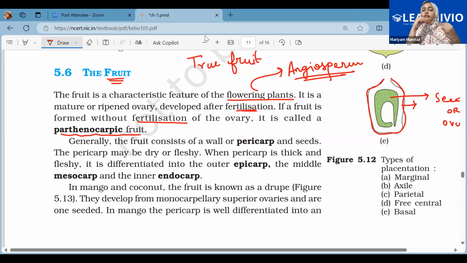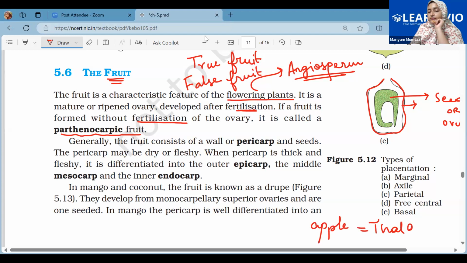If any fruit develops from any part of the flower other than the ovary, then we'll call it a false fruit, just like apple. Apple is not developed from the ovary. It is developed from the thalamus, the swollen part that holds the petals and everything. So apple is a false fruit.